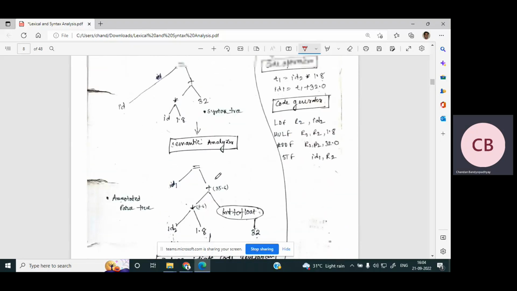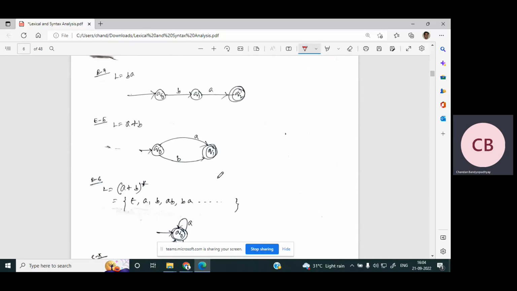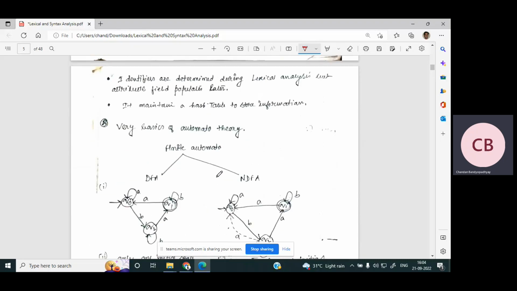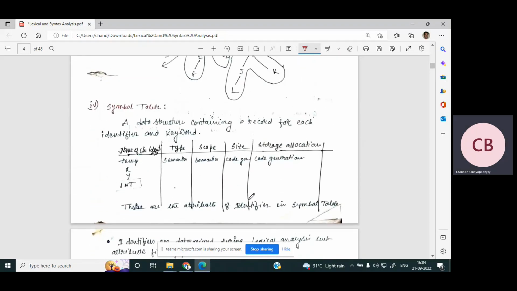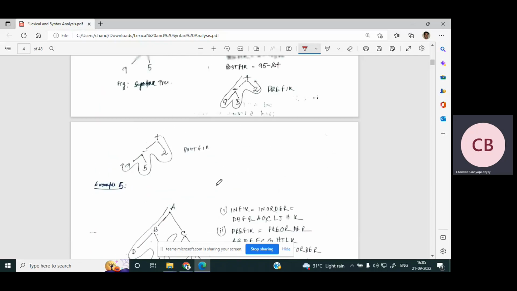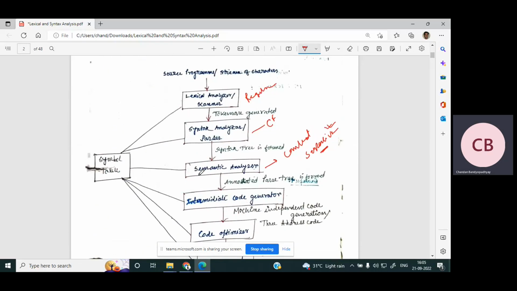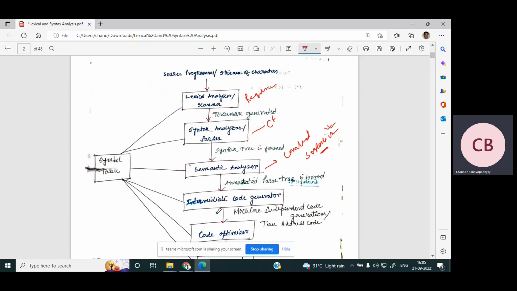Correct. And now if you can recall the symbol table part, in my first video I said that the symbol table had numerous columns. Now you will be able to understand some of what I said at that time: once a variable is declared, let it be temp or x or y, we immediately insert it into the symbol table, because the symbol table is connected with all the phases.